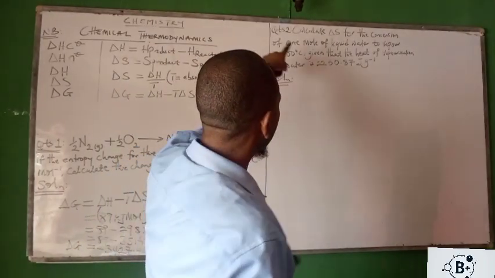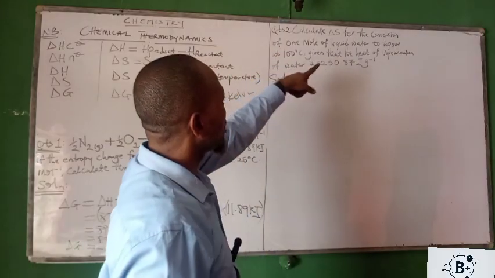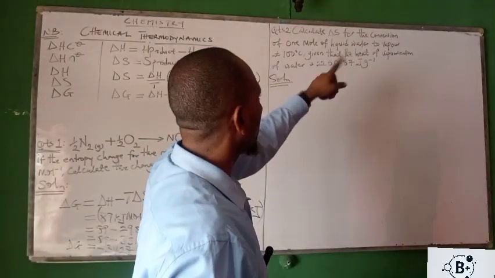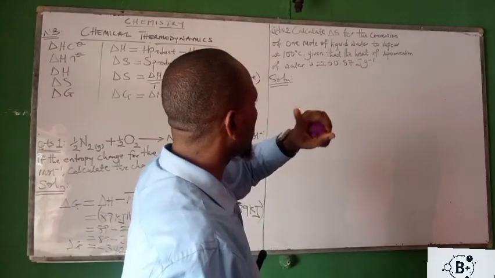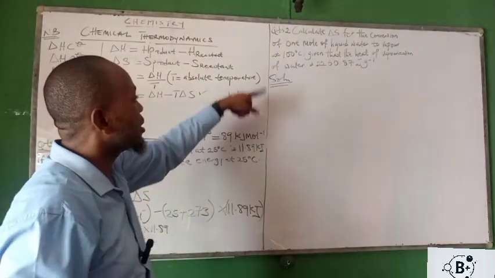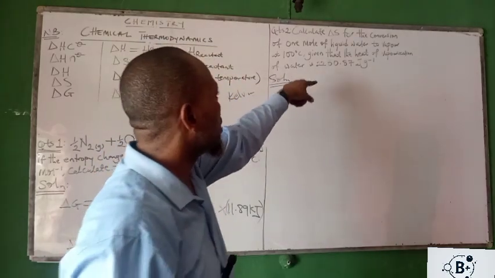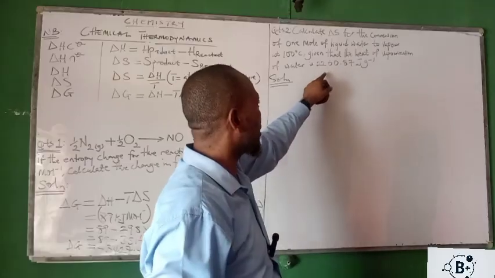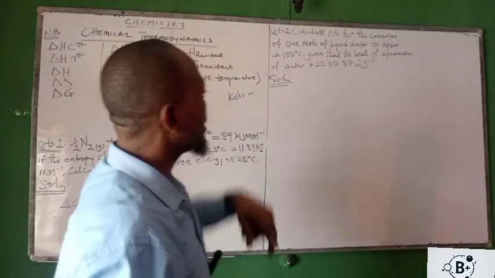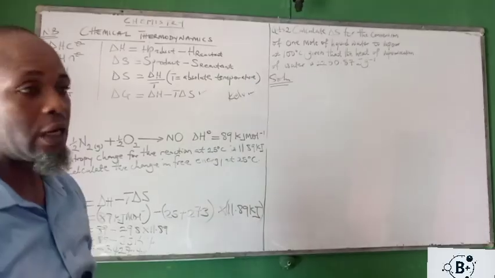To solve this, the question is asking: calculate the change in S, that is the entropy, for the conversion of 1 mole of liquid water to vapor at 100 degrees Celsius, given that the heat of vaporization of water is 2260.87 joules per gram.